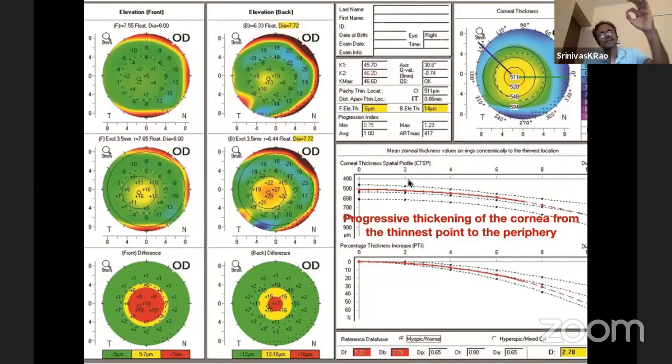In a normal cornea, the center is typically the thinnest point, around 500 to 520 microns, and then it thickens all the way out to the periphery, where it goes to between 700 to 750 microns. So there is a very gradual rate of increase in thickness from the center to the periphery.